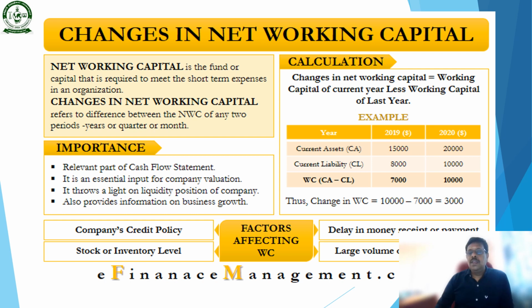Here in 2019 and 2020, current assets are 15,000 and 20,000, and current liabilities are 8,000 and 10,000 respectively. Working capital, current assets minus current liabilities, is 7,000 in 2019 and 10,000 in 2020. So the change in working capital is 10,000 minus 7,000, which is 3,000, according to the balance sheet model.